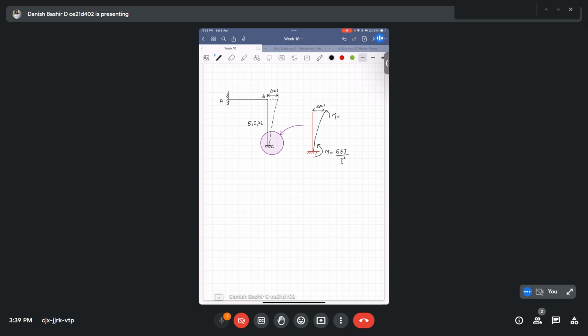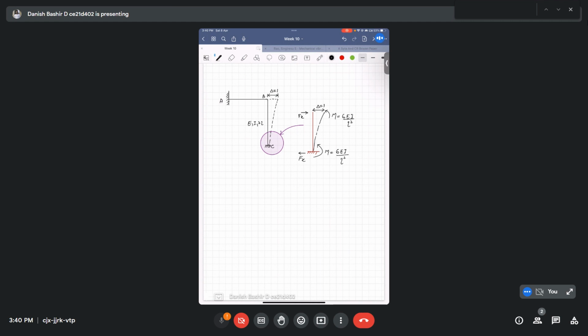M will be equal to 6 EI by L square, and E and I are the same, only L is different. Okay, and the forces that will be developed are like this. We will get force Fx, and we will have minus Fx like this. Okay, clear to you people?